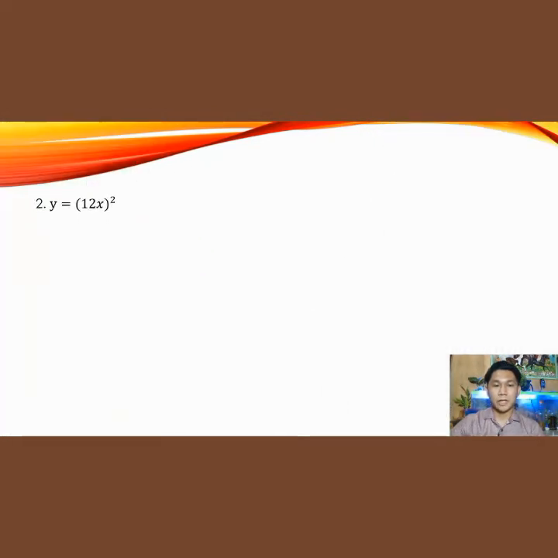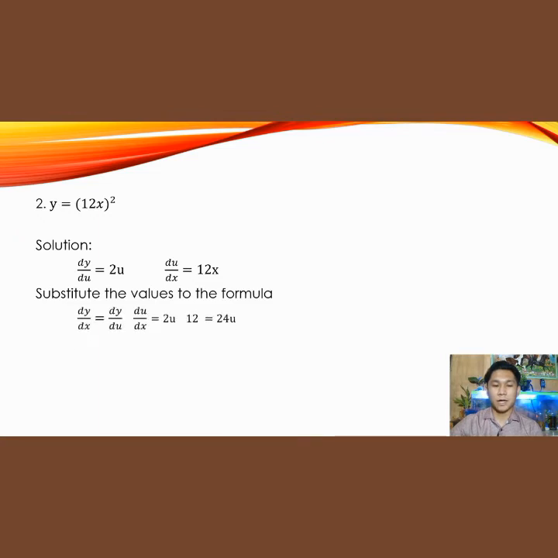Here's our another example. Example number 2. y equals quantity 12x quantity squared. Solution. Our dy over du is equal to 2u and our du over dx is equal to 12x. Substitute the values to the formula. Our formula is dy over dx equals dy over du times du over dx.